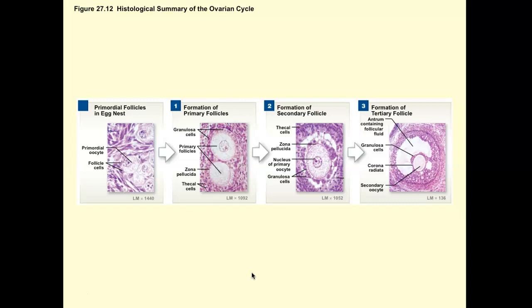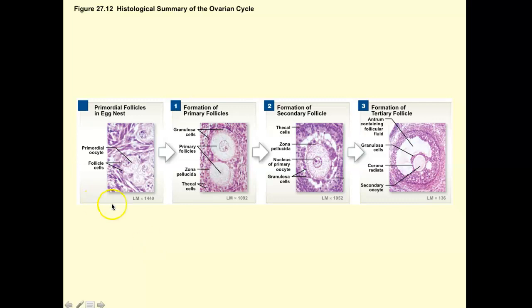One is called the follicular phase, and the other one's called the luteal phase. So if you look at your outline, I do have the follicular phase first, and then if you move down, I have the luteal phase. It will be obvious when it changes over, because ovulation is what's going to change it over, but let's talk about what's going on in the follicular phase. So the follicular phase is maturing the follicle. So you still have a follicle, and the follicle is changing, as well as the oocyte is changing inside the follicle.